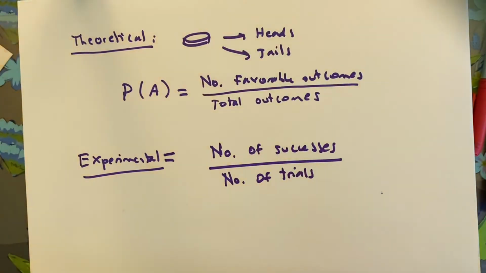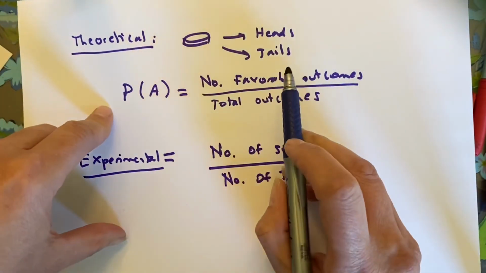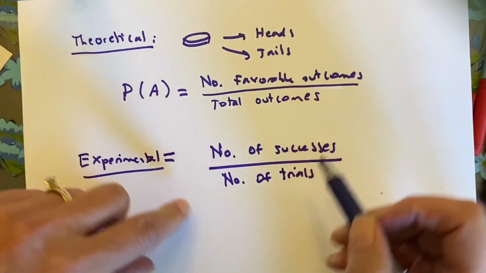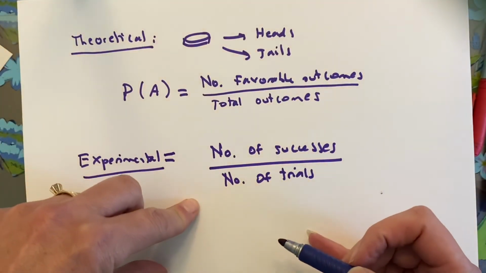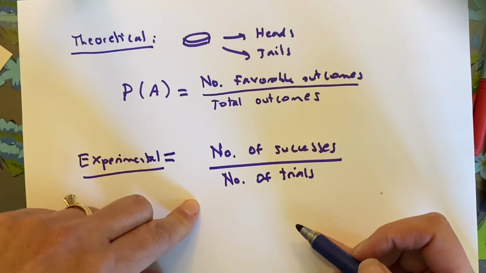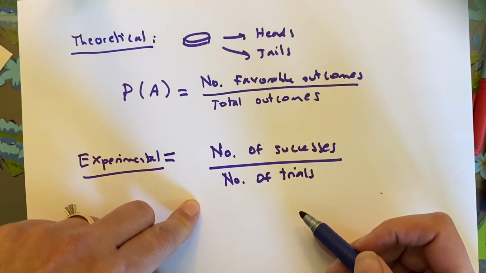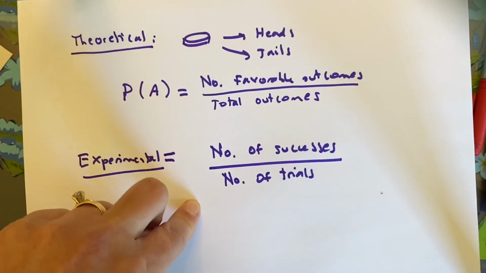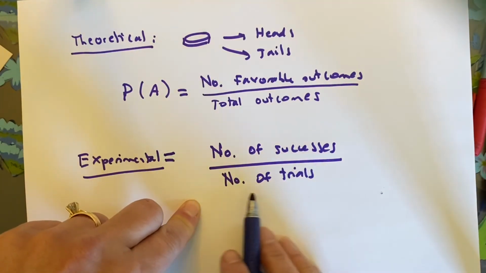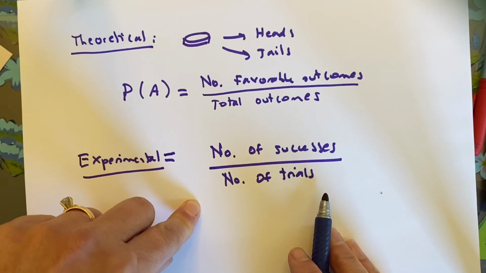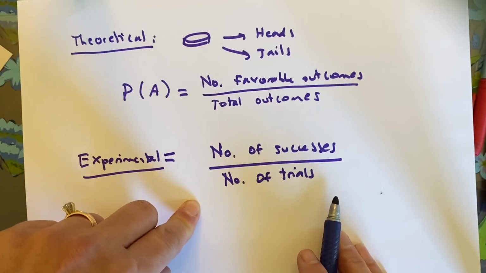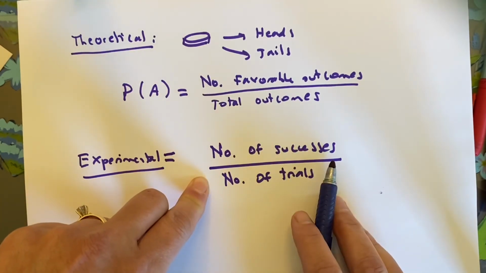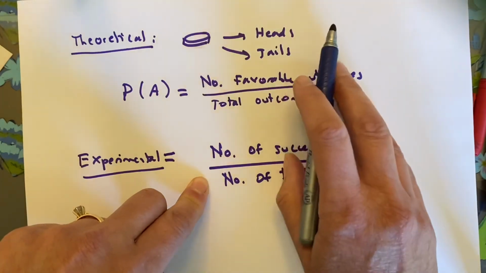Now this is what should happen, right? Heads or tails, you should get 50%. Experimental is what actually does happen when I take a coin. And what you'll find is when you do it 10 times, you might really only get heads 3 times out of 10. But the closer you get to a very high number of trials, say to 100 trials, the closer the number of successes will approach the theoretical probability.